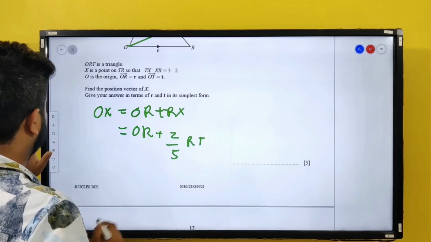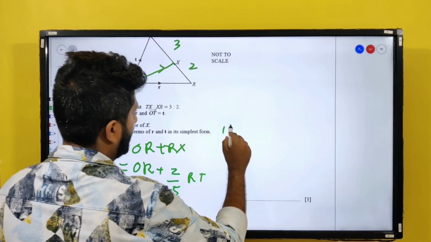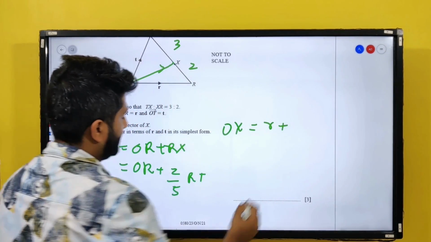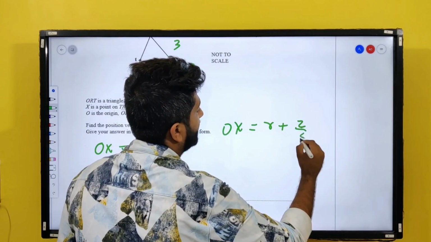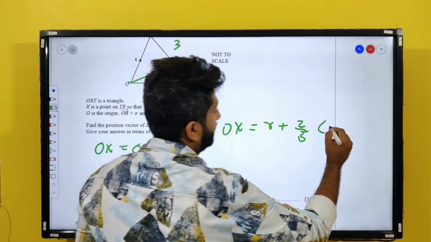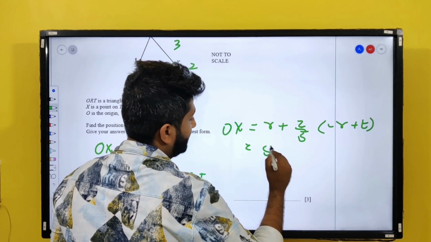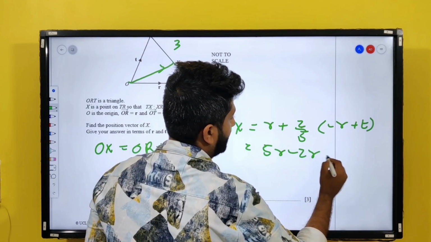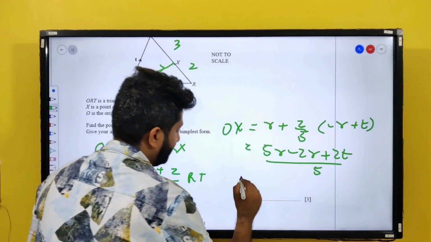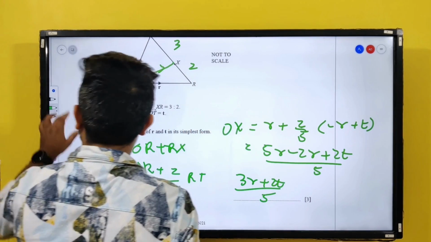So my OX equals OR, which is r, plus 2/5 times RT. RT is minus r plus t. Let's take the LCM. So 5r minus 2r plus 2t upon 5. So you have 3r plus 2t upon 5.